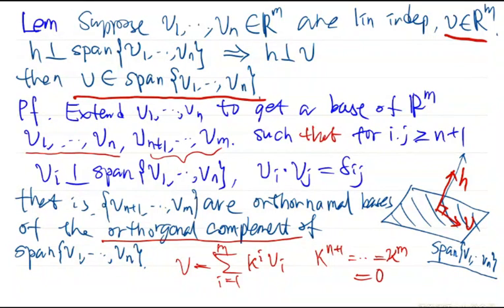Once we can prove that the last m minus n coefficients of this linear combination are 0, then V is simply a linear combination of the first n vectors V1, ..., Vn. Therefore, V belongs to the span space as we want. Okay, so this is the idea to prove that V belongs to the span space.